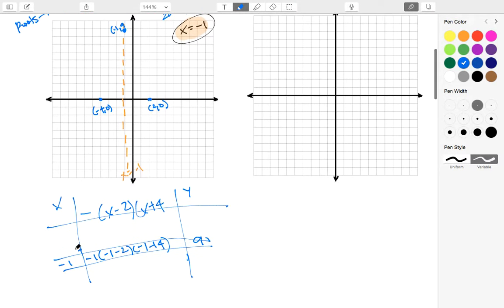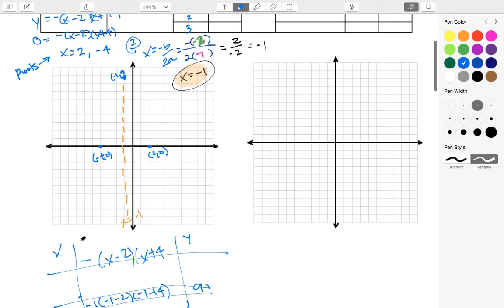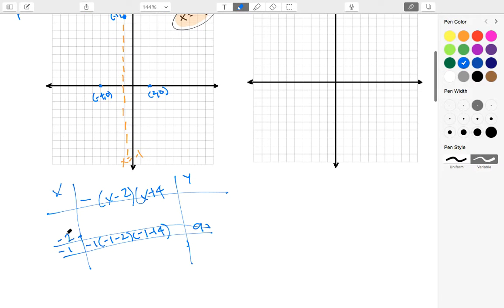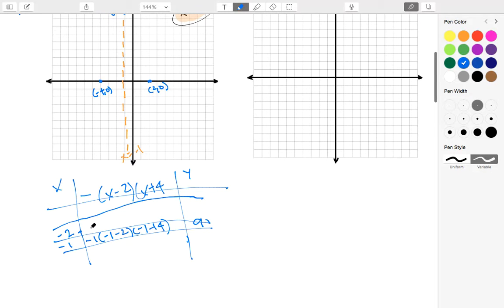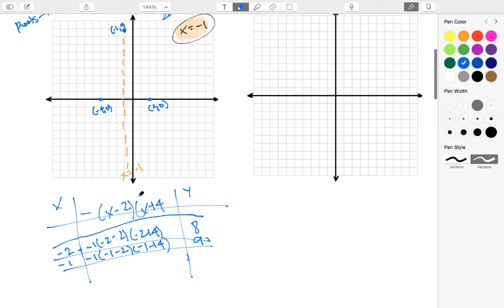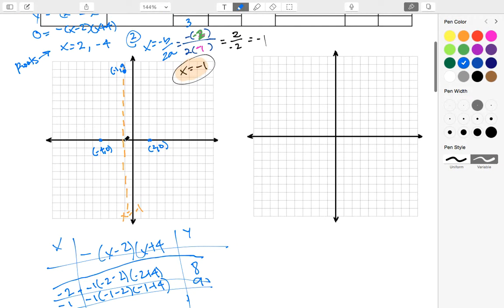And then at this point, you can pick, again, -2 and calculate that. Sorry, my graphs are not exactly the same, but once you go ahead and do that, you'll do -2 minus 2 and then -2 plus 4, and that will equal 8. So then your next point would be -2 and then 8, right?